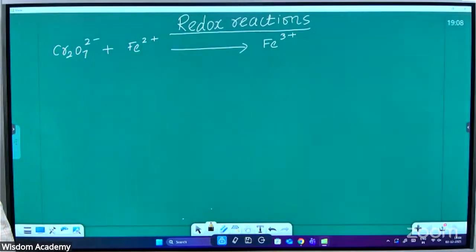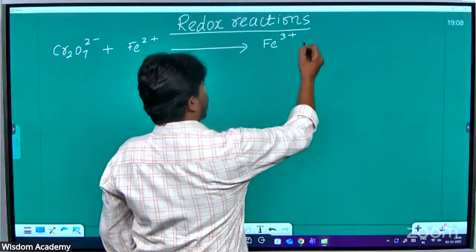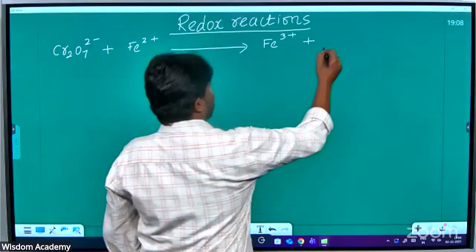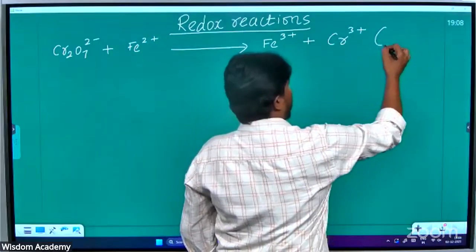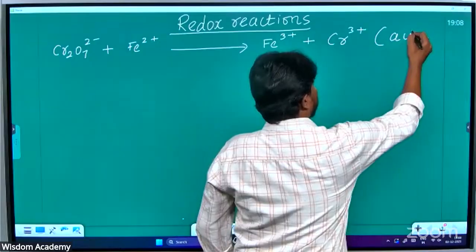Dichromate ion oxidizes Fe2 plus into Fe3 plus, plus Cr3 plus in acidic medium.